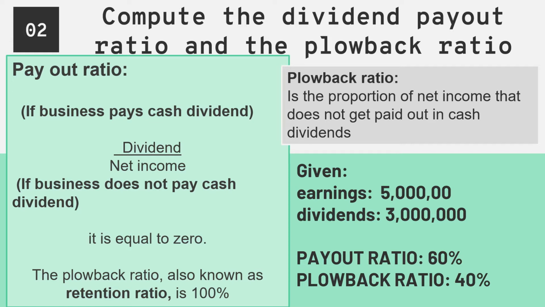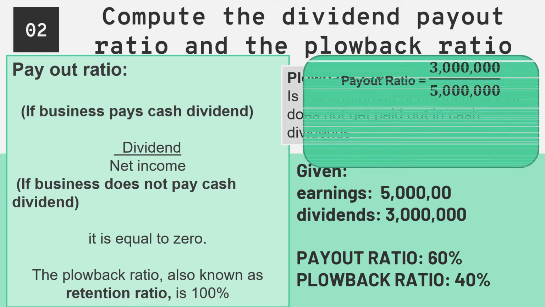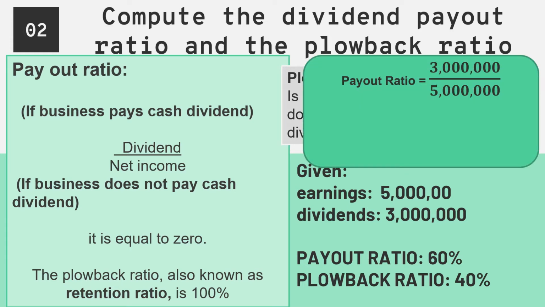Now, how did we get the payout ratio of 60% and plowback ratio of 40%? First, we compute for the payout ratio: 3 million divided by 5 million will get 0.6.